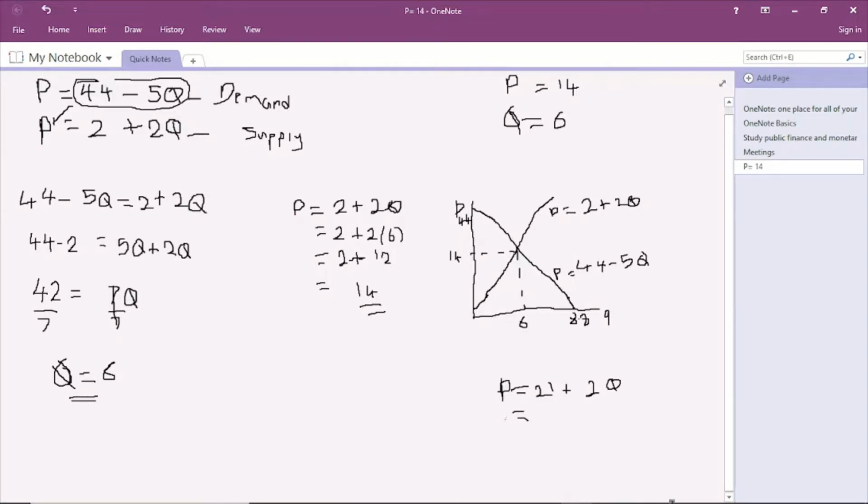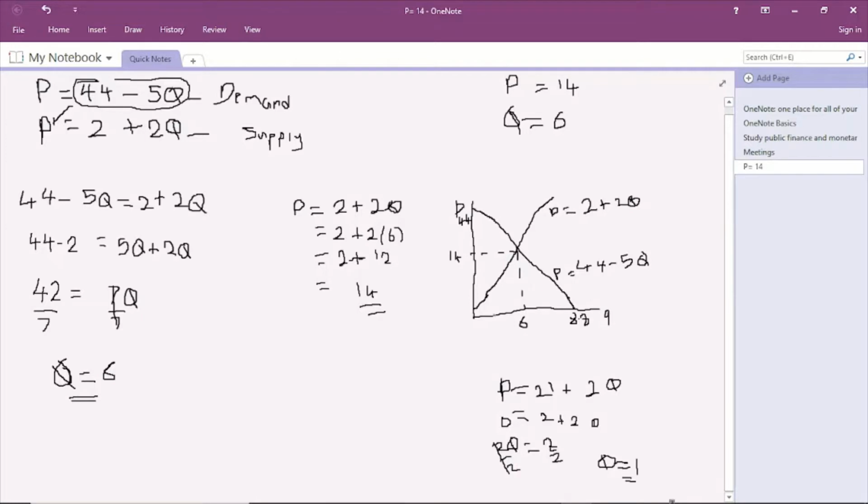So now suppose P is 0, then what you are going to have is 2Q and then 2 this side. So 2 here, 2 here, then your quantity is going to be 1.